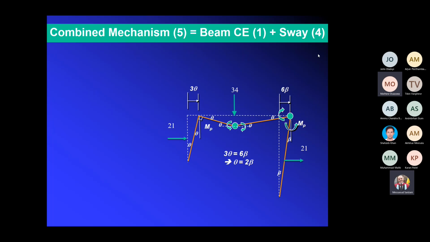Remember what we said before: because this column rotates in the clockwise direction and this beam rotates in the clockwise direction as well, the hinge at C here will cancel. So that hinge has disappeared because the column and this beam rotate in the same direction.